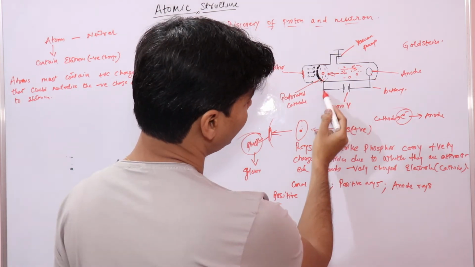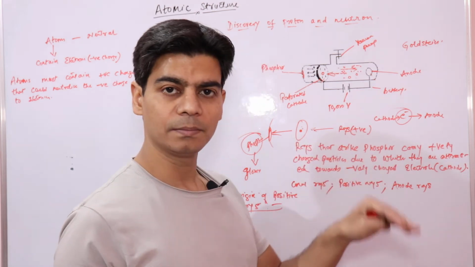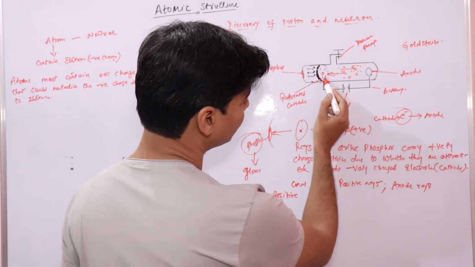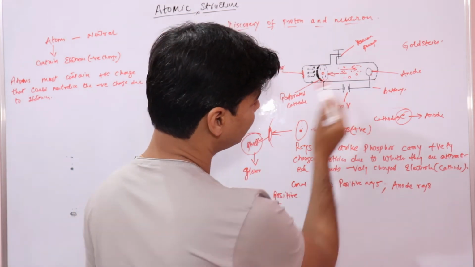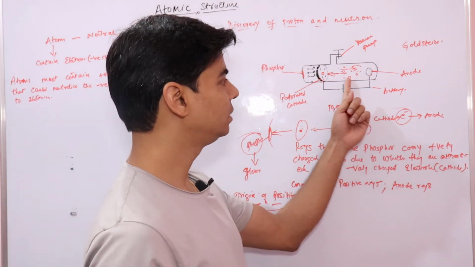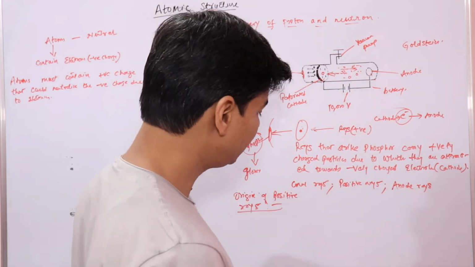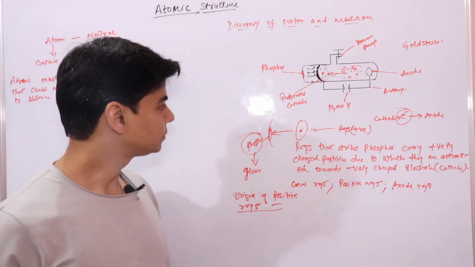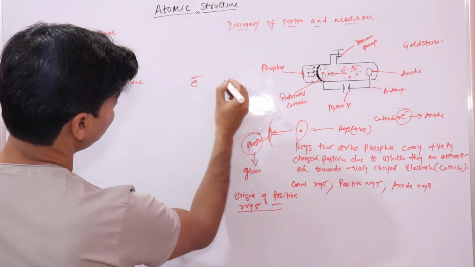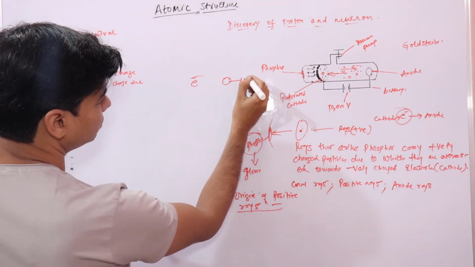When you apply electric current, from the material of the cathode, electrons are getting ejected at a high speed, right? When they are ejected at high speed, they collide with the gaseous atoms in the discharge tube. Suppose this is an electron and this is your hydrogen atom.